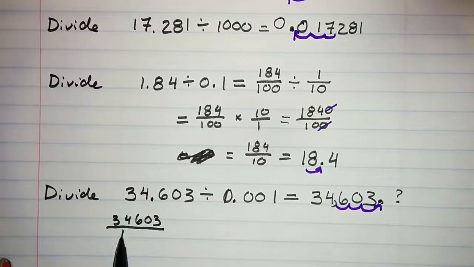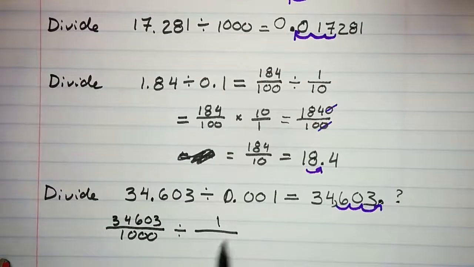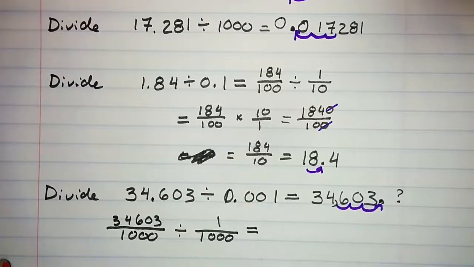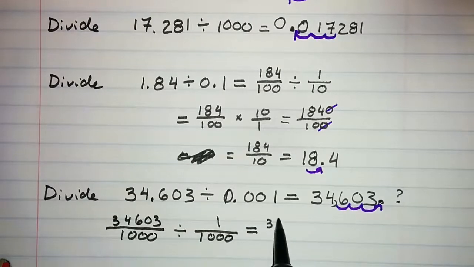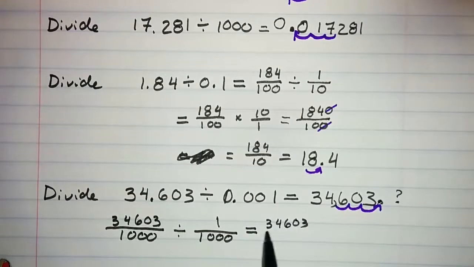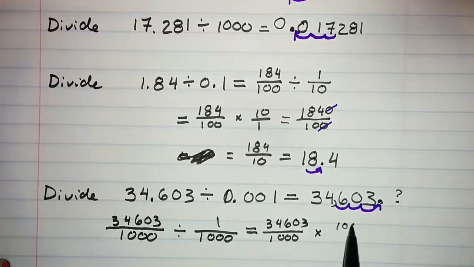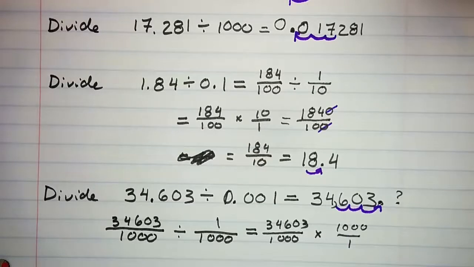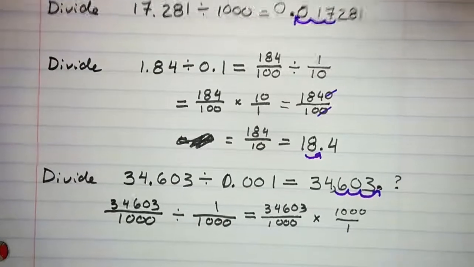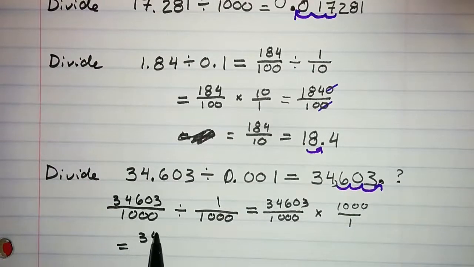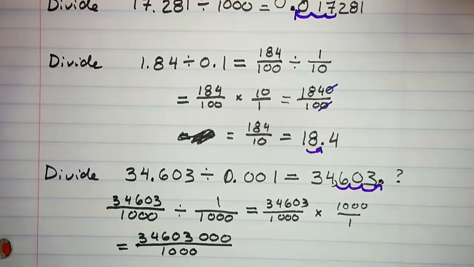34,603 over 1 followed by 3 zeros divided by 1 over 1 followed by 3 zeros. That's 34603 over 1 followed by 3 zeros times 1,000 over 1. I think this is going to work out. It's 34603 followed by 3 zeros over 1,000.